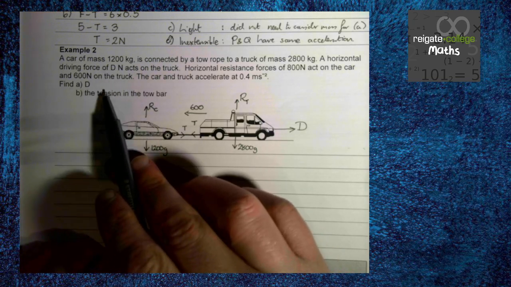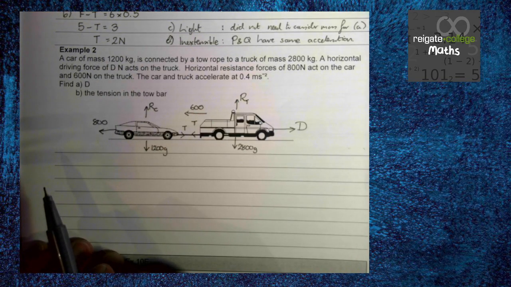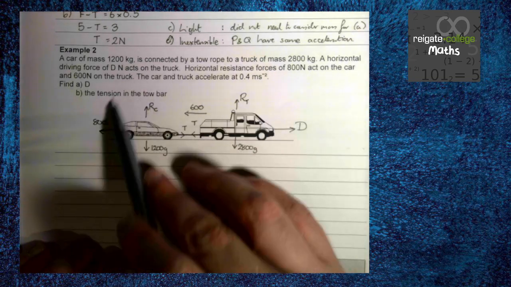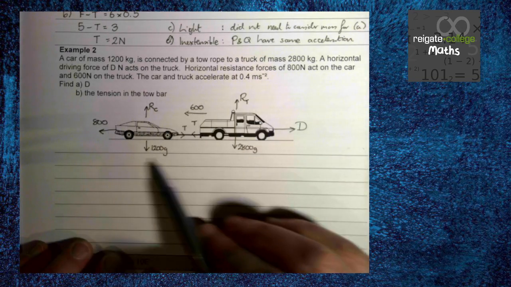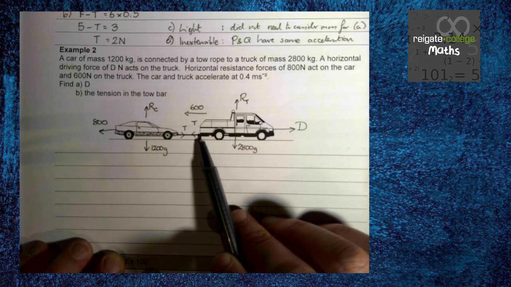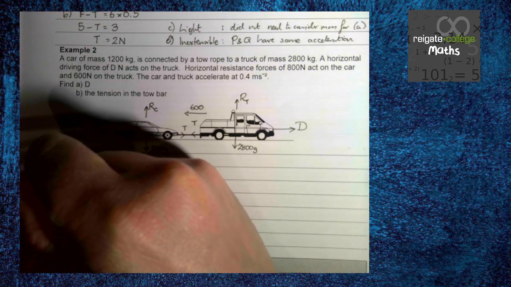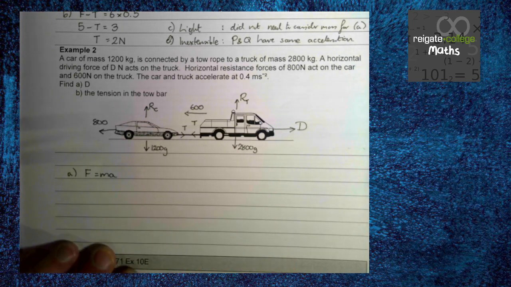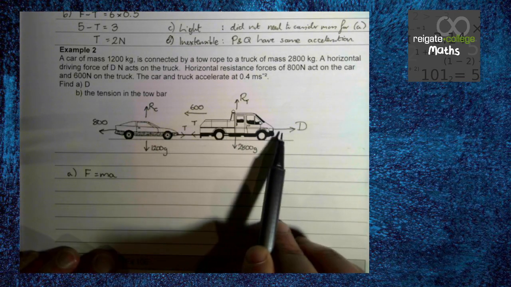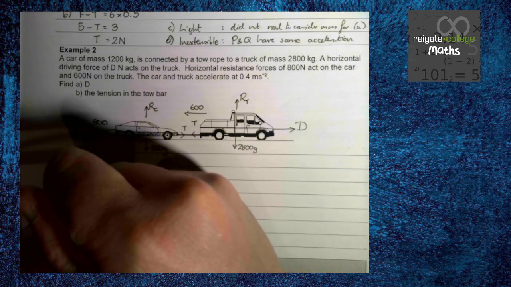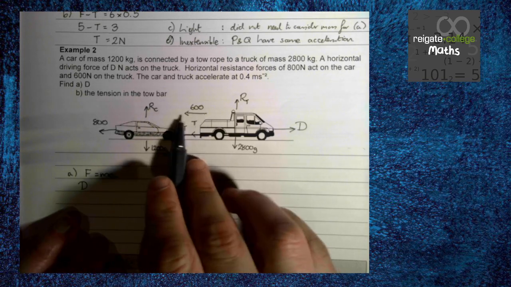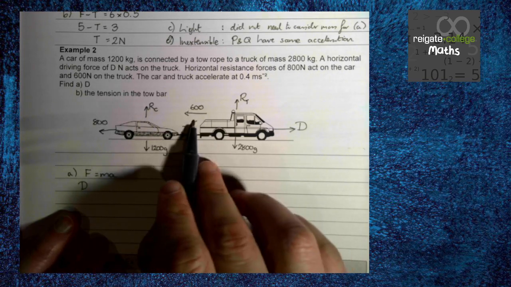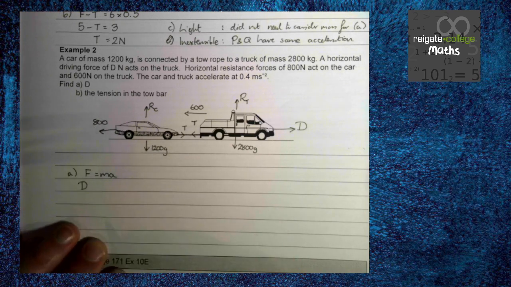So to find D, again, like we did in the first example, we're going to consider this whole thing as one big particle, so we can ignore the T's. So again, Newton's second law, F equals ma. So the forces forward are D. Forces backwards are this 600 resistive force and 800 resistive force.